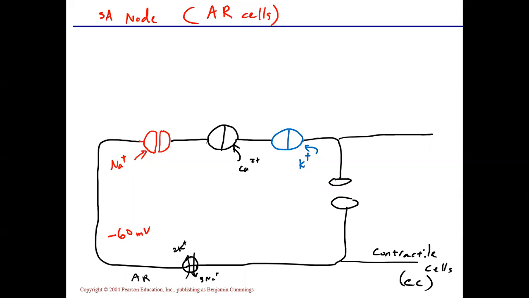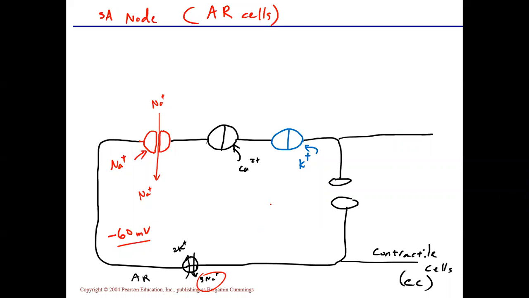All right, but let's take a look at the unstable sodium, and we know there is sodium higher on the outside because of the sodium potassium pump. So some of the sodium starts coming in.